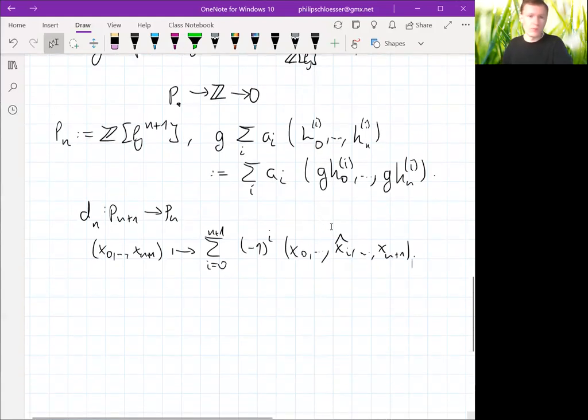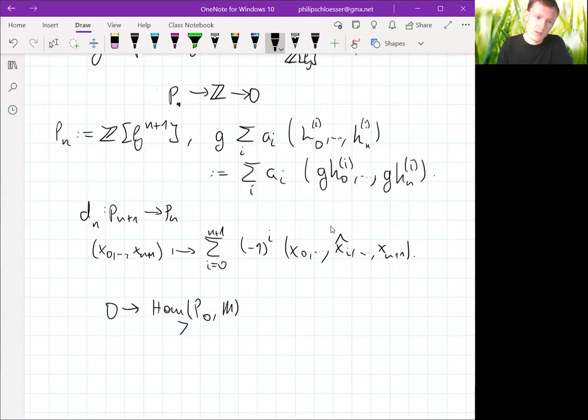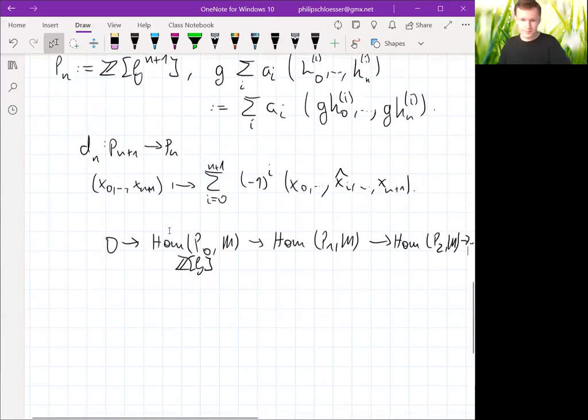And well, now we apply Hom M to this complex here, or to this exact sequence, and then we get the complex 0 to hom P0 M, hom of G modules, hom P1 M, hom P2 M, and so on, where we have the maps D0, D1, and so on.